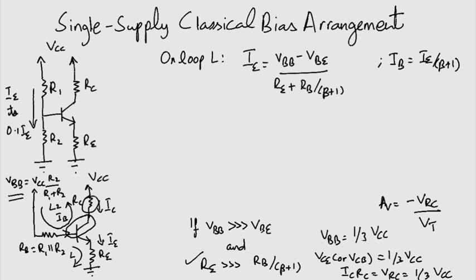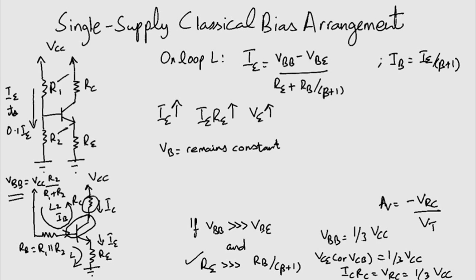Consider that for some reason the emitter current increases. This means the voltage drop across RE, and thus VE, will increase. Now, as we just saw, the base voltage is determined solely by R1 and R2. So if these two are kept constant, the base voltage VB will also remain constant.